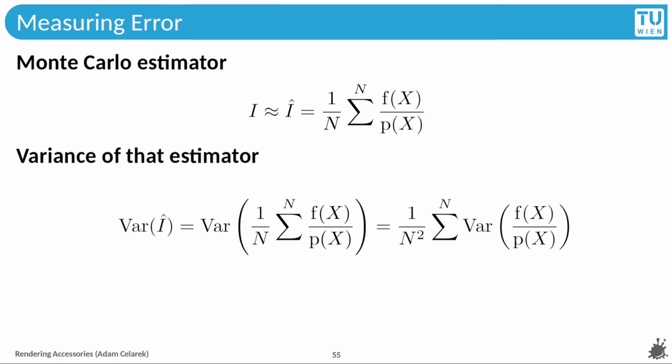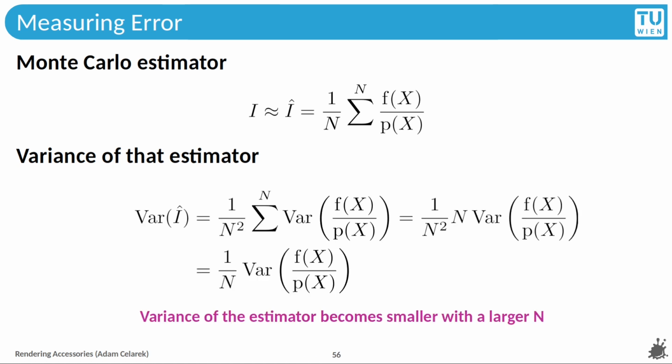average. Using the equations from the probability primer before, we can pull out the 1 over n, it'll become 1 over n squared, and make it the sum of variances. Now, the variance of f over p is a constant. It's a theoretical value, we don't know it, but we know that it exists.